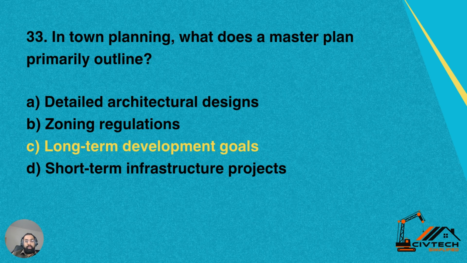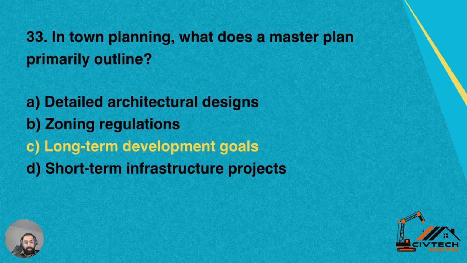Next, question number 33. In town planning, what does a master plan primarily outline? Let's discuss a bit about the master plan. A master plan is a plan done at the initial stages while we are planning the town planning of any area or any city.